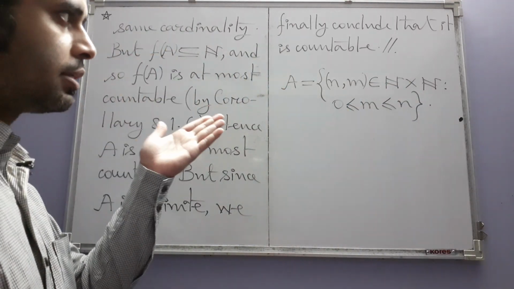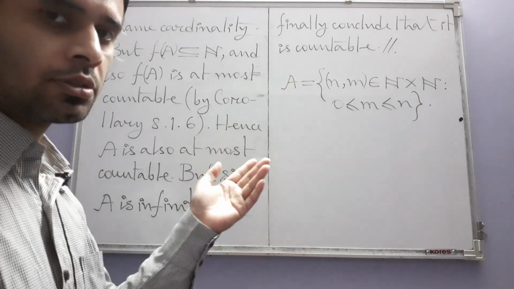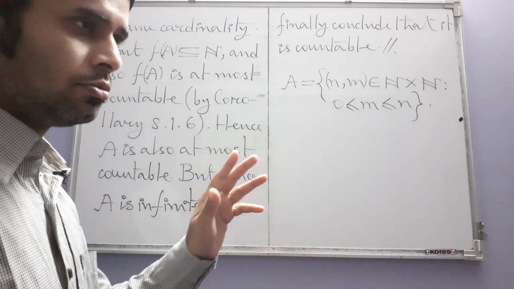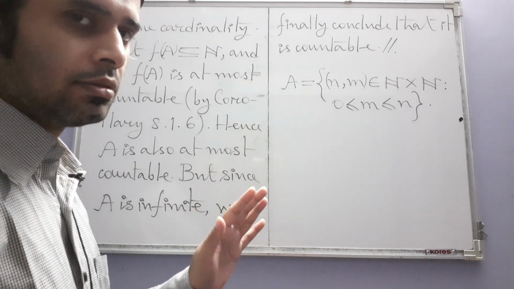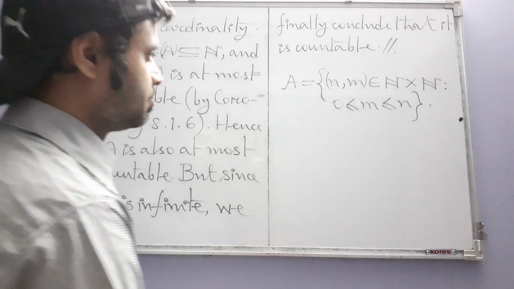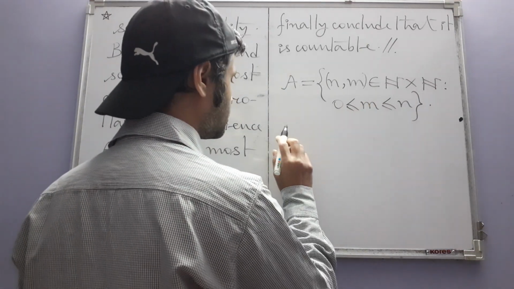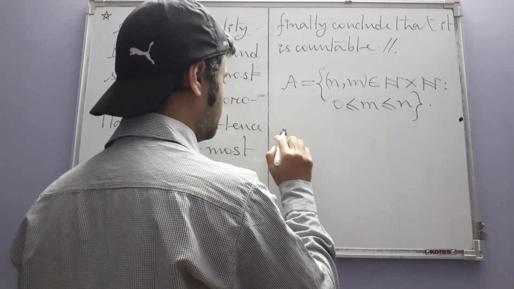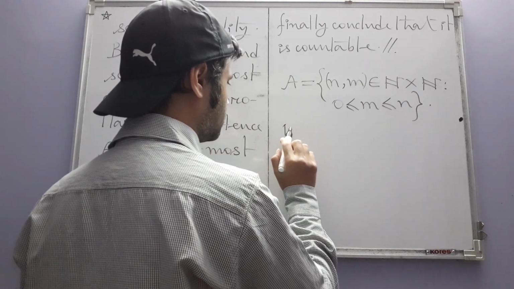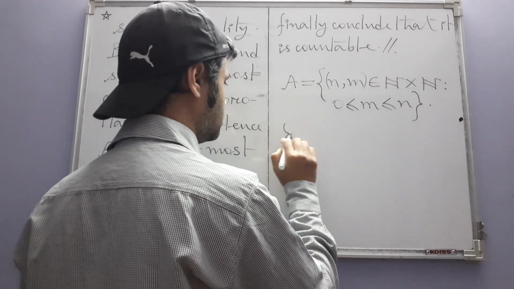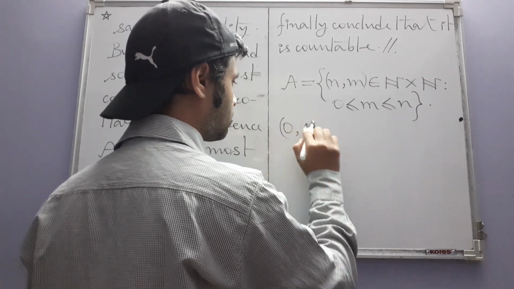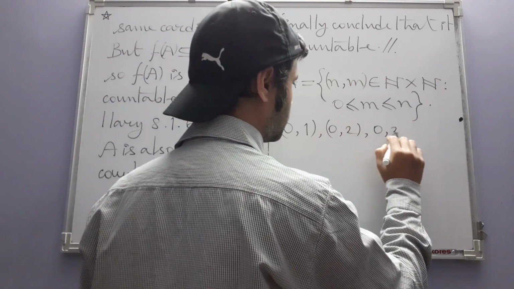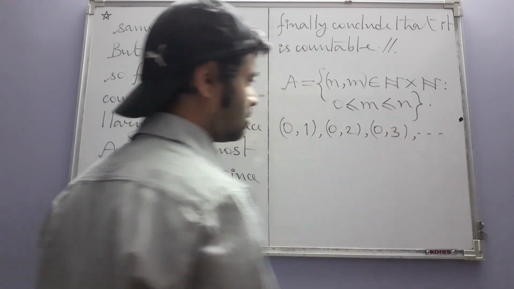To show that this set is infinite, it's also enough to show that this set has an infinite subset whose own infiniteness is easier to see than this one, and you can of course consider these elements in this set, or you can just simply take these, and so on.